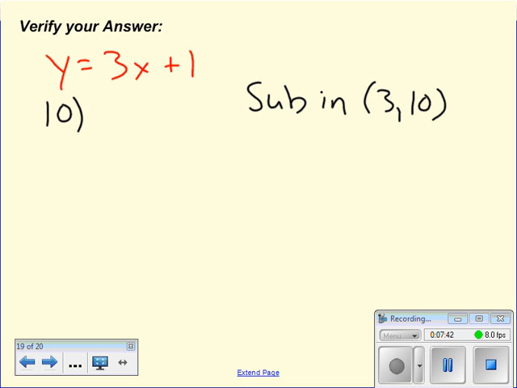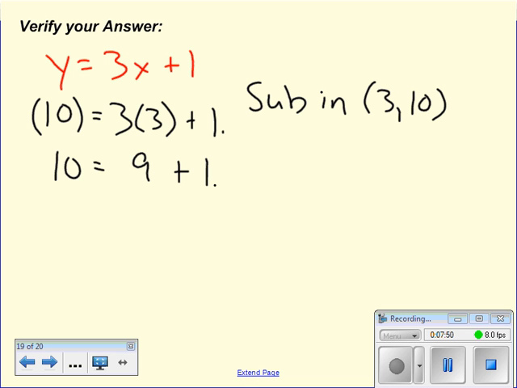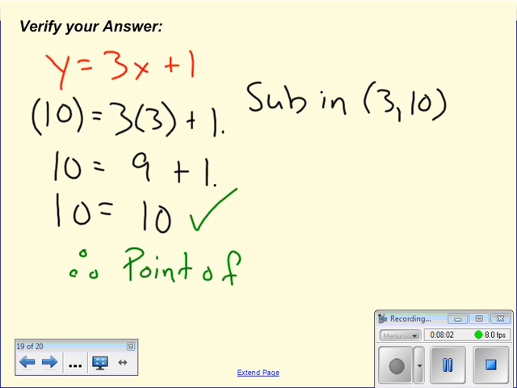So I have 10 equals 3 times 3 plus 1. 10 is equal to 3 times 3, which is 9, plus 1. 10 equals 10. That is a true statement. Therefore, my point of intersection is correct.